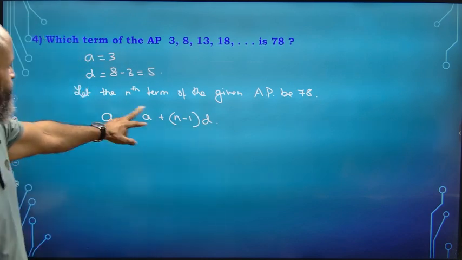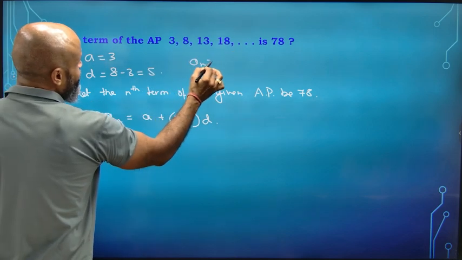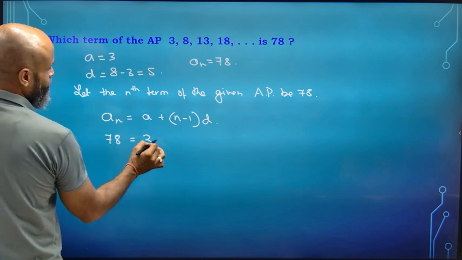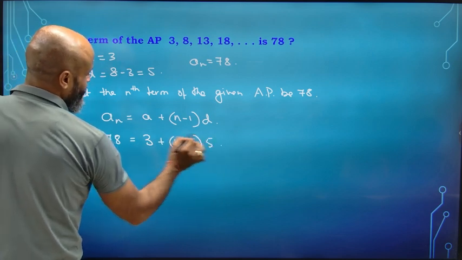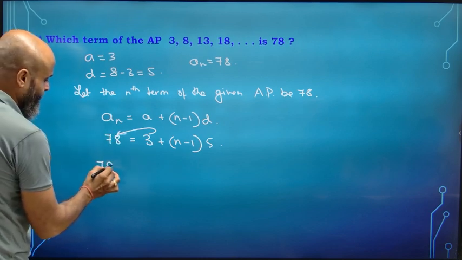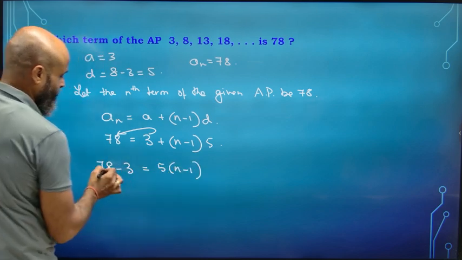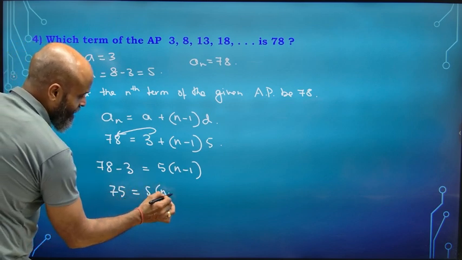Now an is how much? an is given as 78. So this will be 78 is equal to 3 plus n minus 1, d is known to us, that is 5. Okay, transpose this term here, so this will be 78 minus 3 is equal to 5 into n minus 1. 8 minus 3 is 5, 7, so this will be 75.